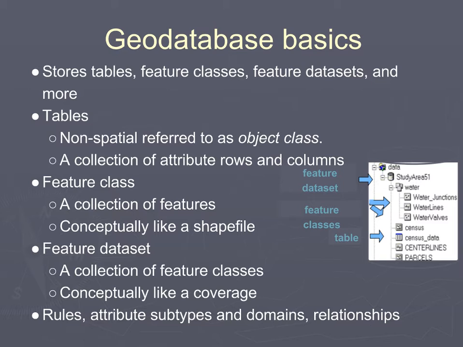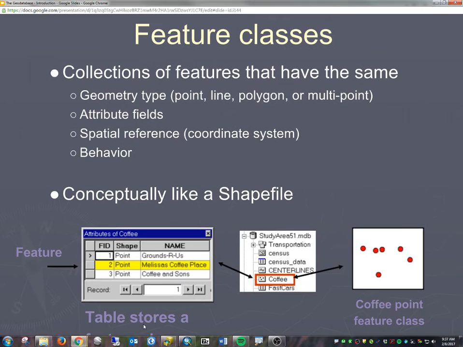If you do have topologically related features in different feature classes, you must manage them in a feature dataset to model and manage those topological associations. You can also keep up with rules, attributes, subtypes, and domains, and relationships.